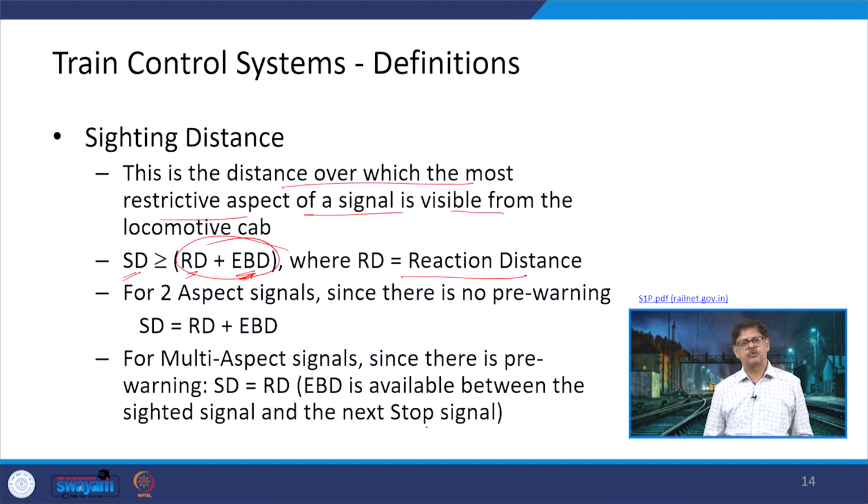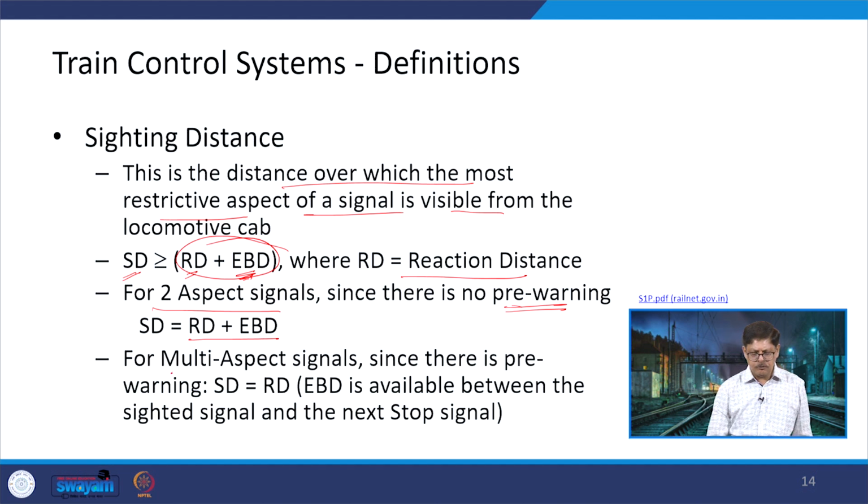So, it can be equal to or more than that, but depending on the conditions the values need to be taken. Say if you are talking about a 2 aspect signal, in the case of a 2 aspect signal there is no pre-warning. So, in this it is taken as equal to RD plus EBD.